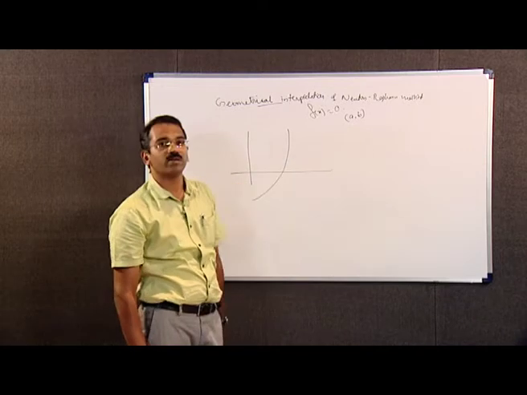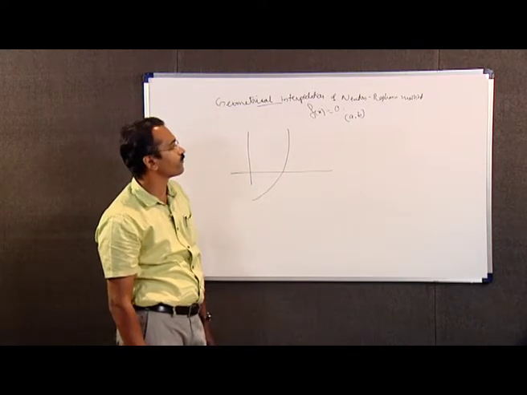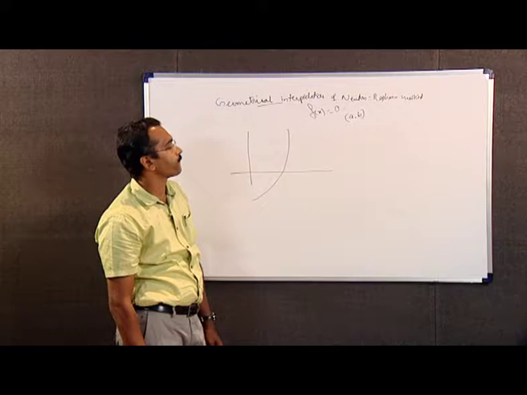Suppose a b is an interval. Now, we take x naught as an initial approximation of the exact root. Let x naught be here.